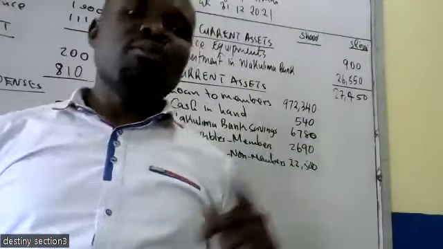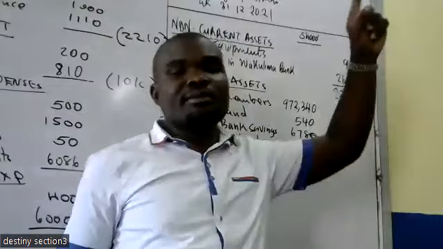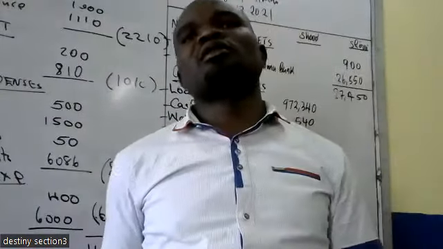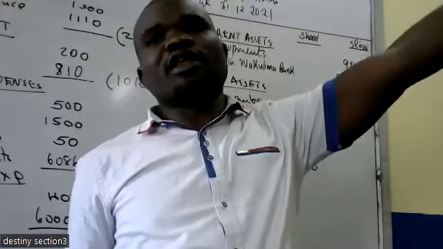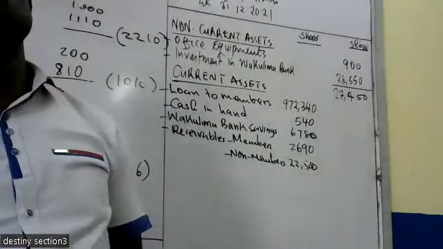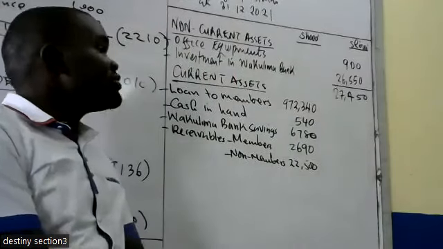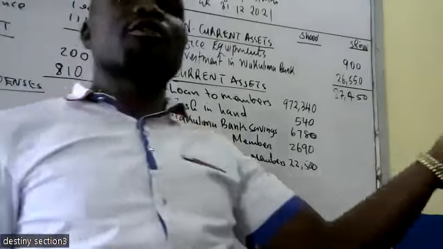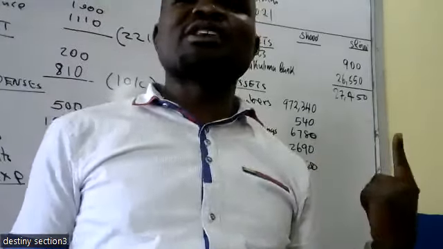Sure. Then Bora, they sold in December, but when did Bora submit the money? In January, January next year. That is when they brought the money. So it means by the time we were closing the books, this amount was receivable from Bora. So it makes sense.